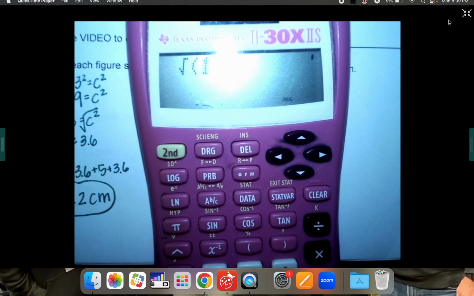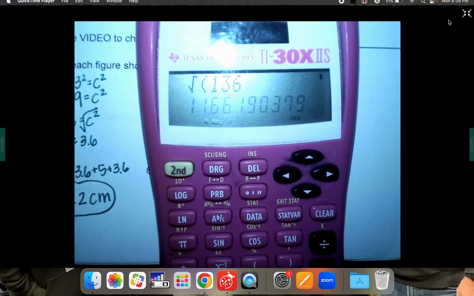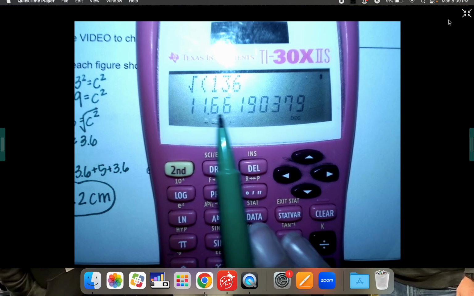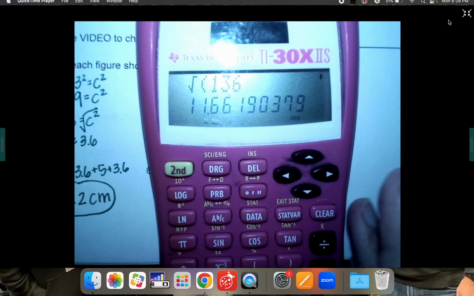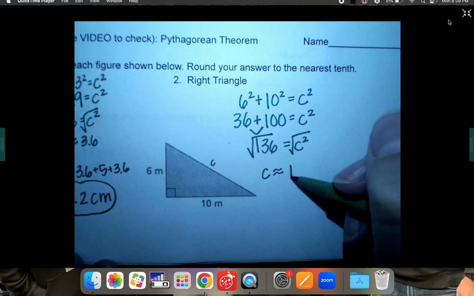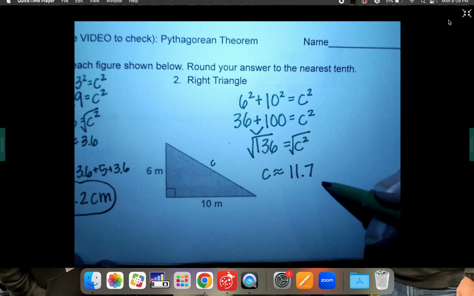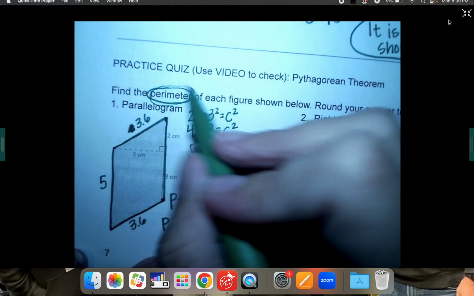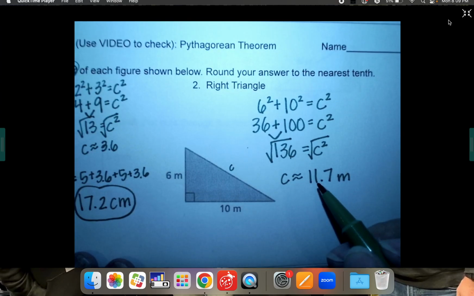The square root of 136 is about 11 point, we're going to call that 7 because this next one's going to bump up the 6 to a 7. So about 11.7, this is meters. Oh, nope, we're still doing perimeter. I about circled that final answer.